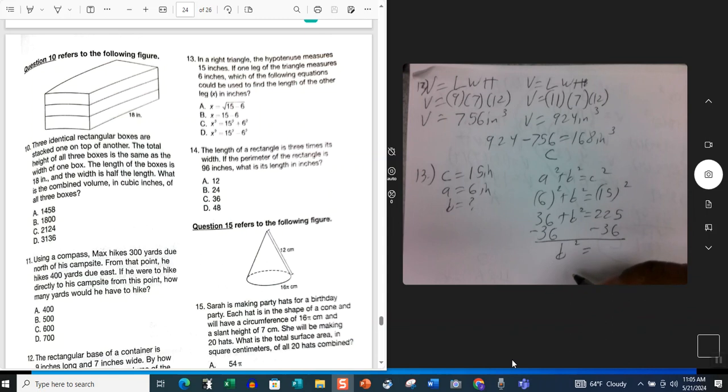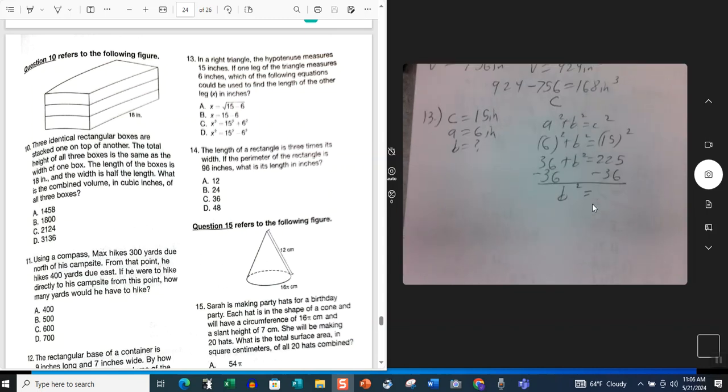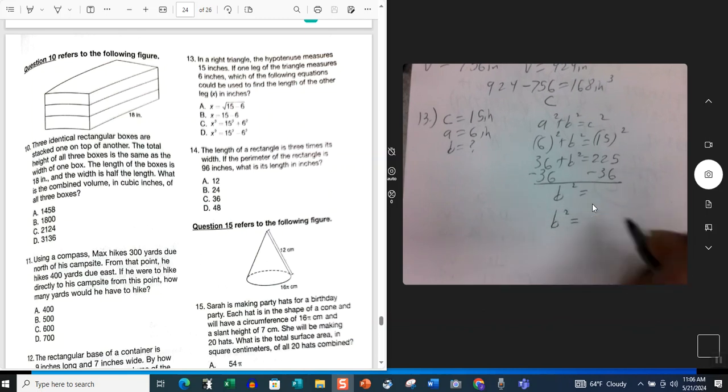And B squared is equal to... well, you know what? It looks as though this is a little different for problem 13. I didn't have to go as far as I did, but if you notice here, if I didn't square the 36, this would have actually been B squared is equal to 15 squared minus 6 squared.